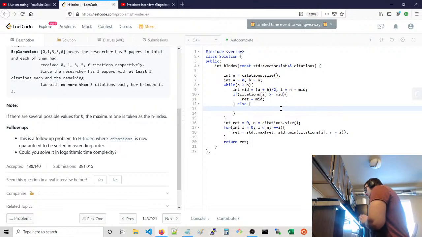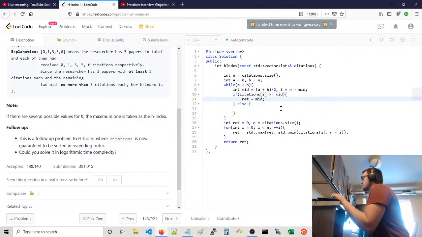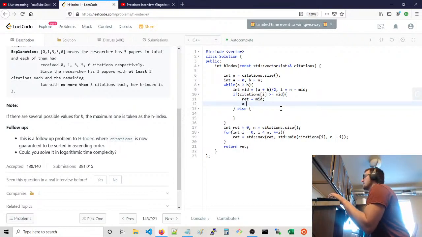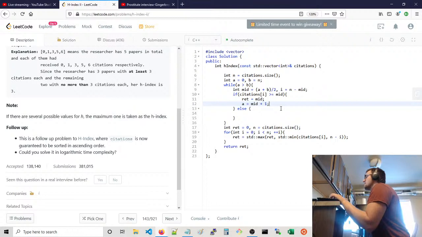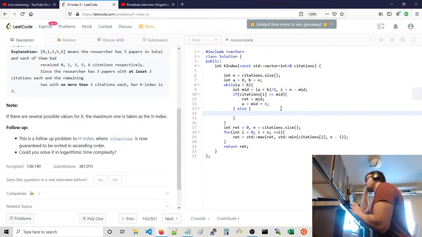So we look to the right, update to that value, and then we would continue updating to the right side, which is A would be set to mid plus 1, and B wouldn't change. Continue to go to the right. Otherwise, we don't update ret.